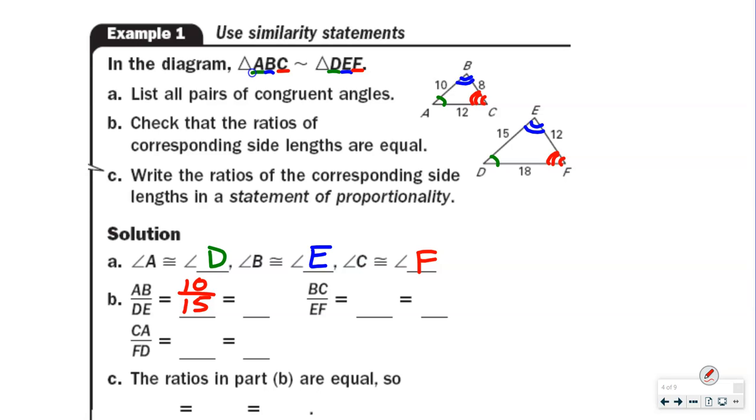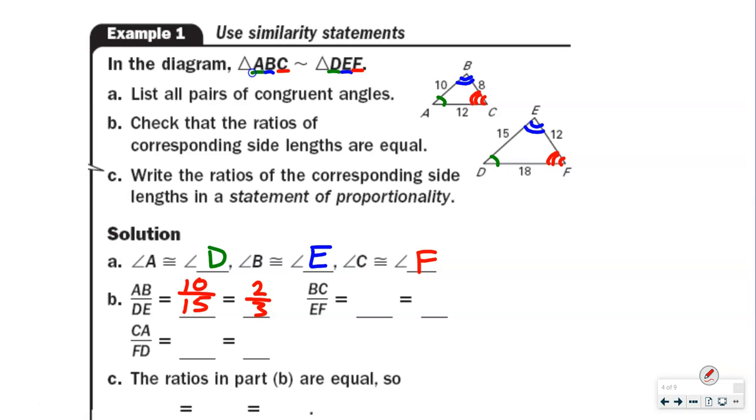Those are corresponding side lengths, AB and DE. Looking at those triangles, those are the ones that match up. And we can see 10 and 15, they're not the same length. But our ratio becomes 2/3 whenever we simplify it down. We have to simplify it down. Find that simplified fraction. That's what we're looking for.